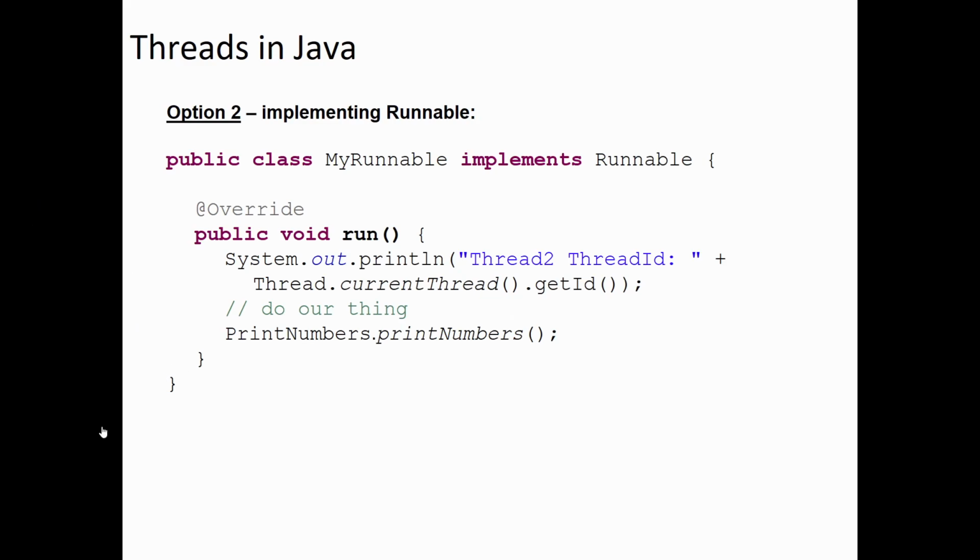So we can add the capability of being a thread to any class by implementing Runnable and adding a method run. Again, you need a method that has no argument and doesn't return anything. It is an important statement.